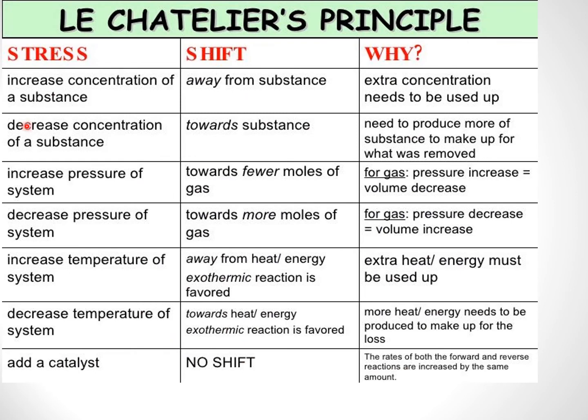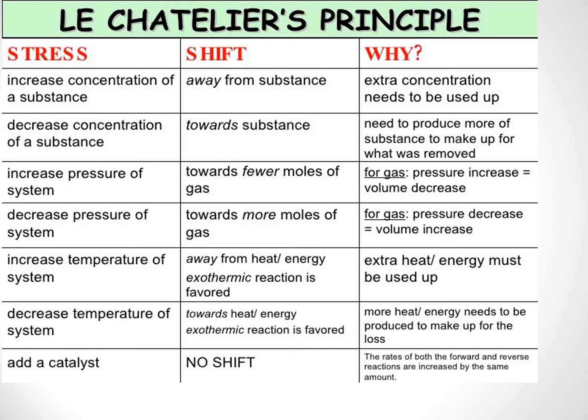Finally, there are a couple of tables that summarize everything, and I put two because I like different things between the two tables. I like this table because it clarifies what we mean by stress and what we mean by shift.